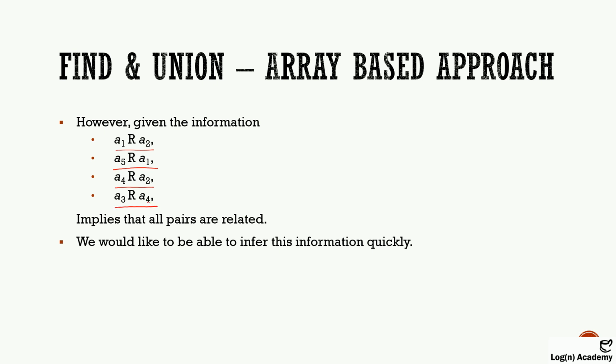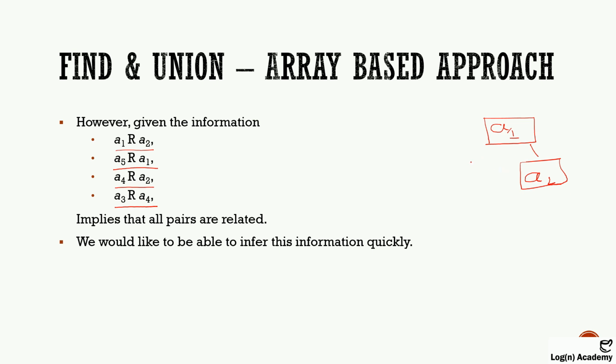Or if we try to group them, we can represent these relations something like this. We have A1 and we have A2. Let's say I have A2 here. This is one relation.